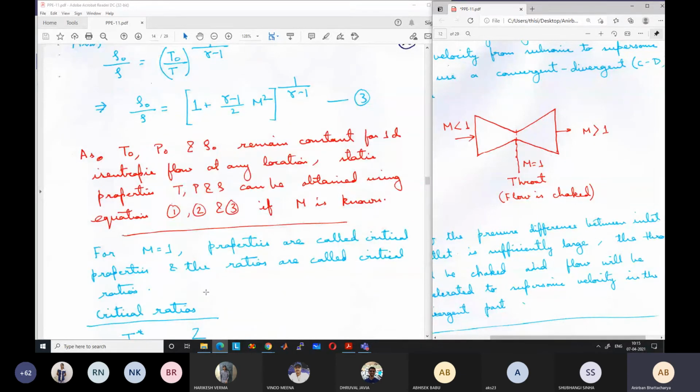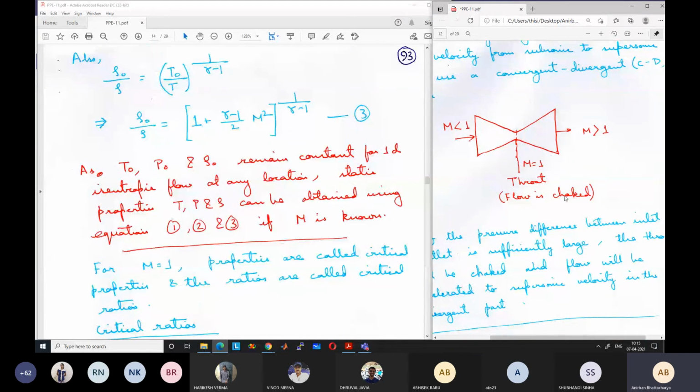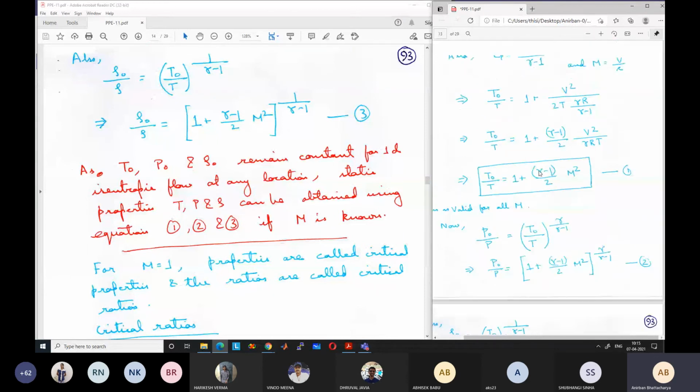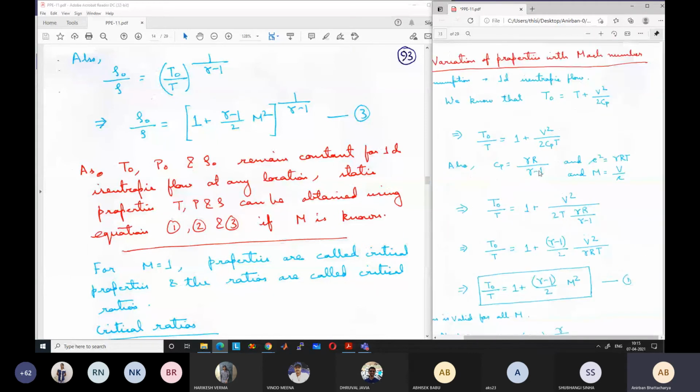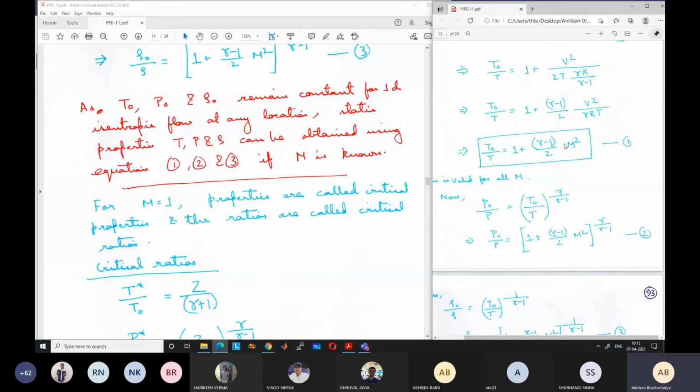I will keep this open here so that you can relate to it. T0 by T is equal to 1 plus gamma minus 1 by 2 M square. If the Mach number is 1, you replace M with 1 here, so T0 by T is equal to 1 plus gamma minus 1 by 2 into 1, which is equal to gamma plus 1 by 2.